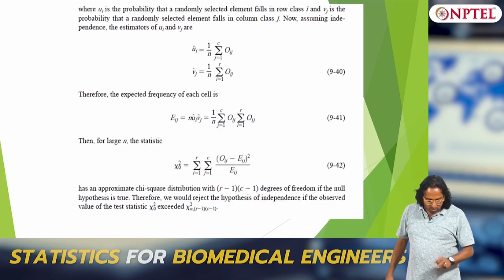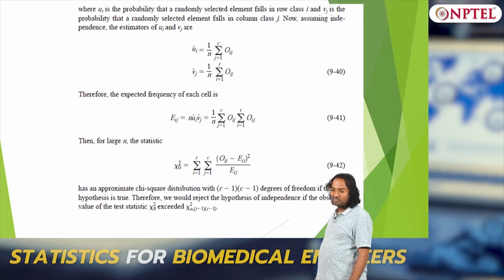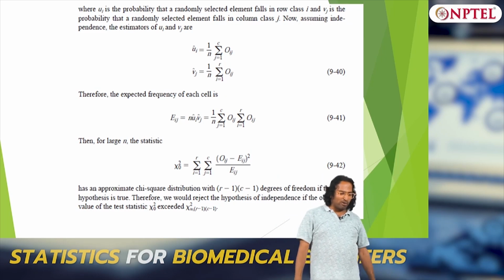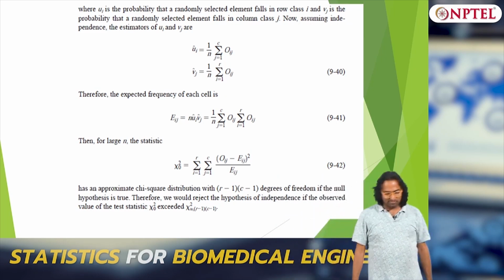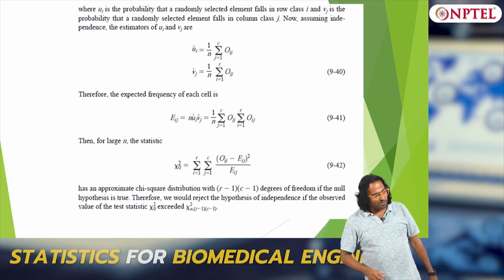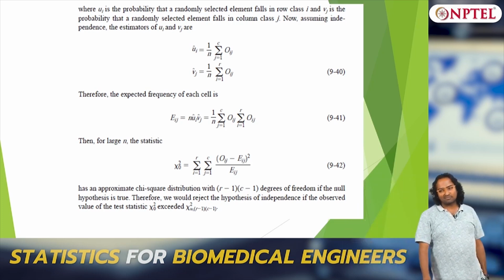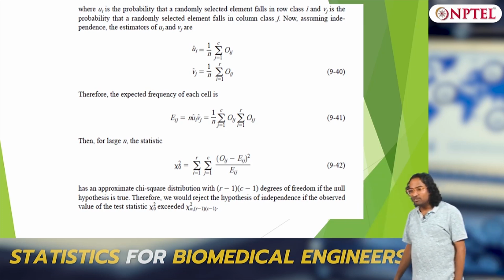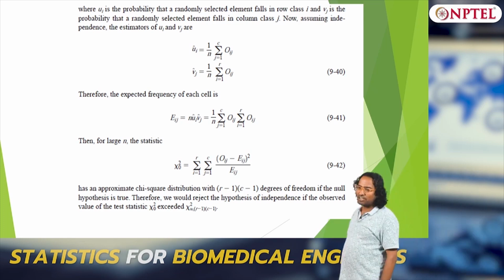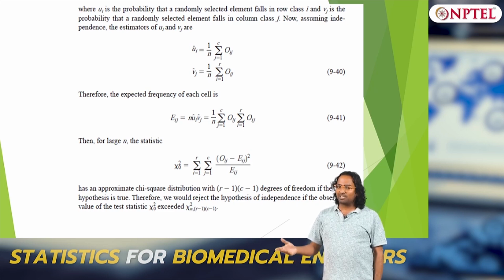So how do I go about it? What is the idea behind independence? When two variables are independent, what do I have? Probability of A intersection B equals probability of A into probability of B. Expectation of XY equals expectation of X into expectation of Y. There is no relationship.